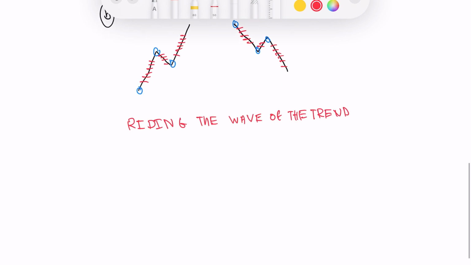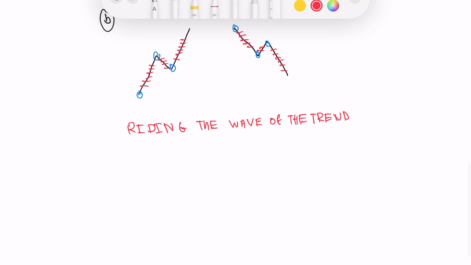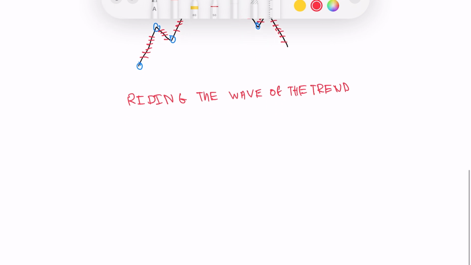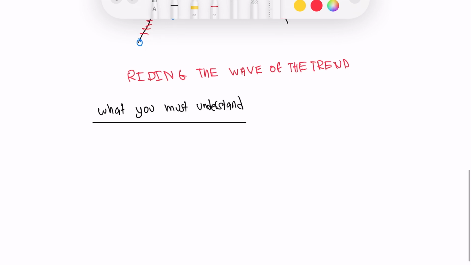Okay, so if we want to understand how we want to ride the wave of the trend, number one key component within this whole topic is what you must understand. Number one is S and R. Support and resistance on lower time frame.